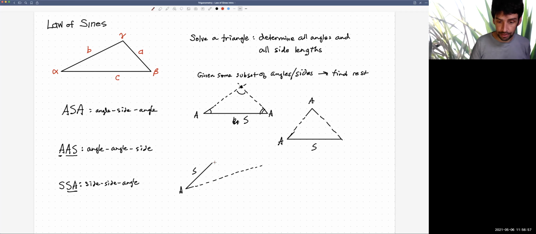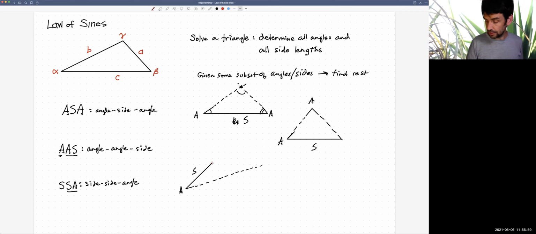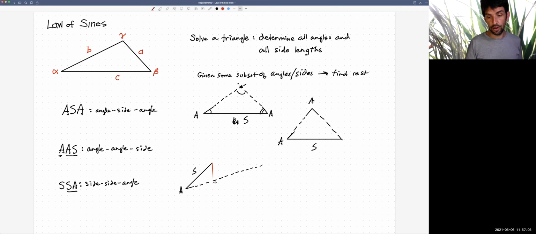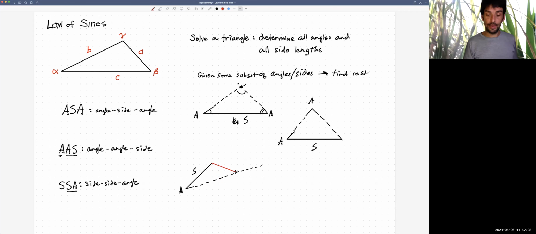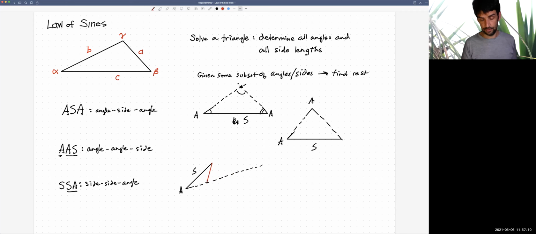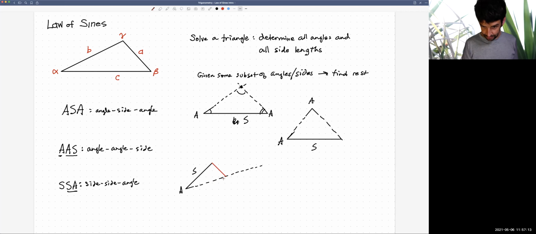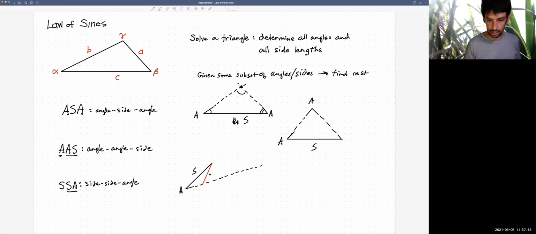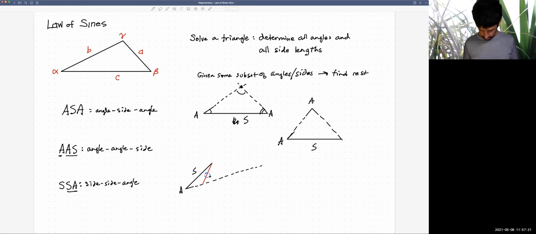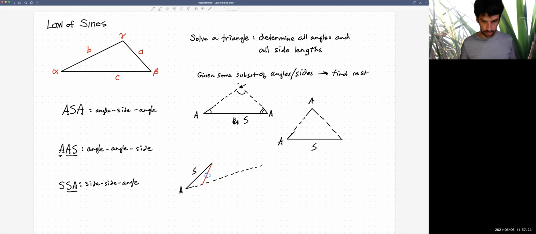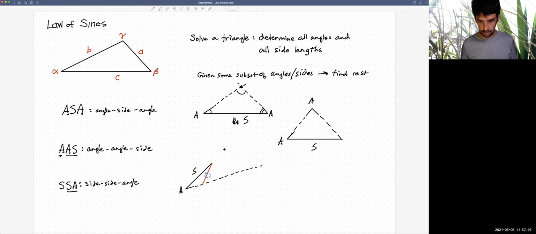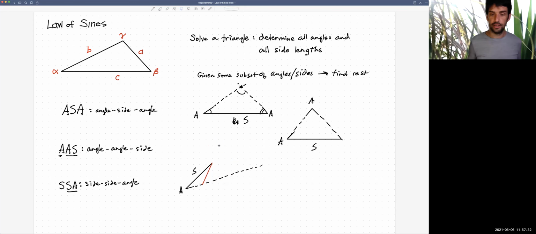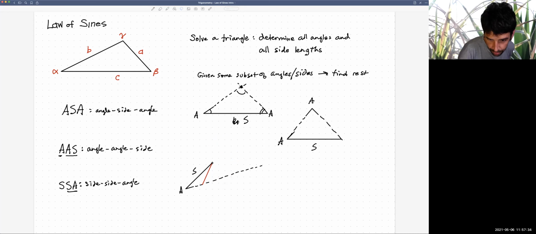And here's where the ambiguity comes in. I'll know the length of this side, so there's the side, for instance, at some length. Well, somewhere over here, the same length also makes a triangle. It's hard for me to keep this exact. If I copy and paste, it doesn't do a good job of letting me rotate it without changing the side.